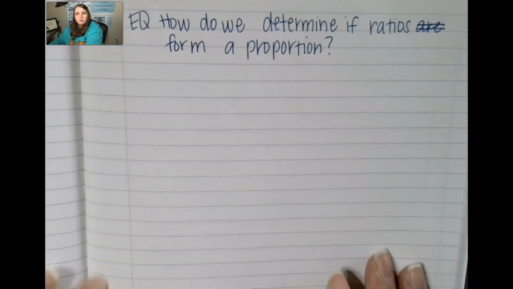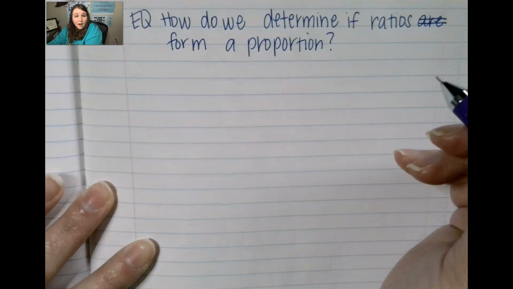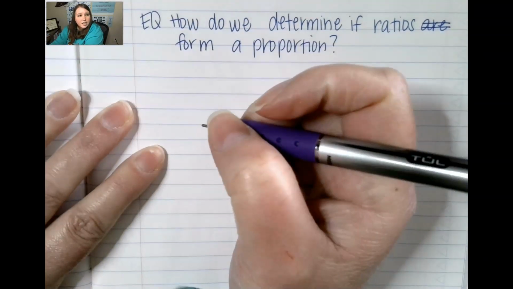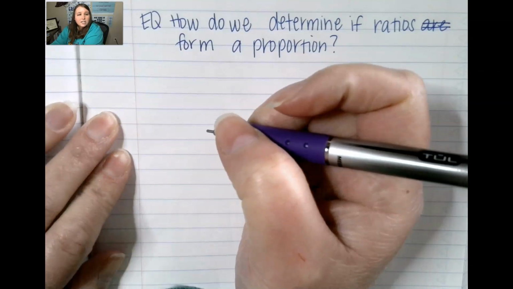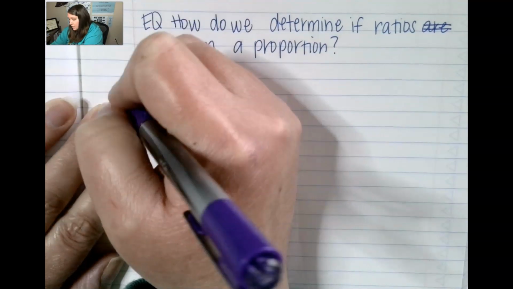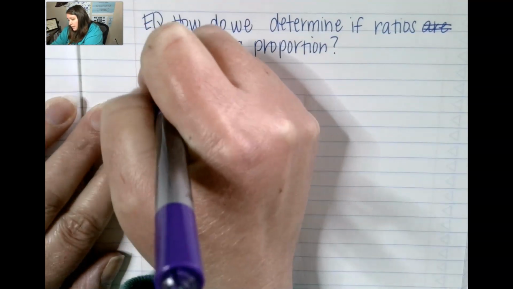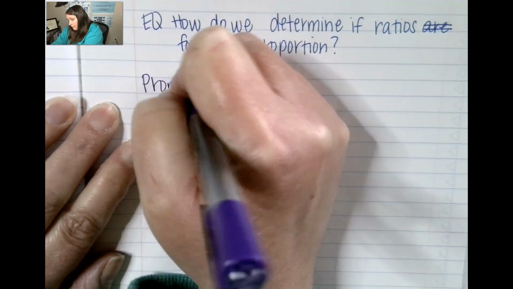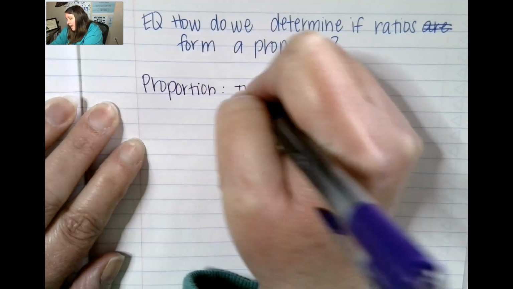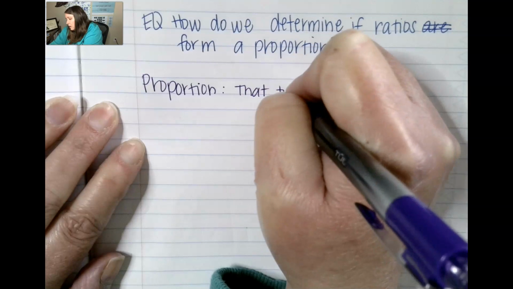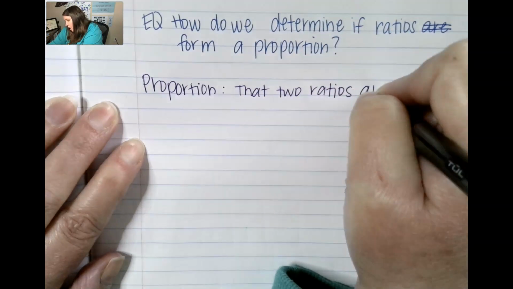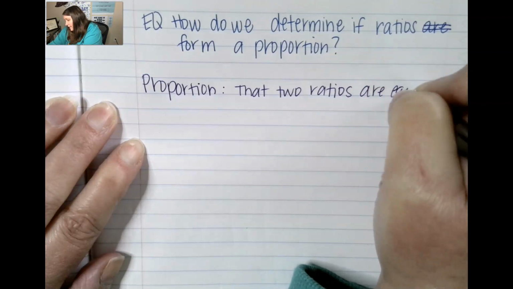So we know we're working with ratios or fractions, and proportions are just equations that show that two ratios are equivalent. So the word proportion is just a fancy way of saying that two ratios are equivalent.